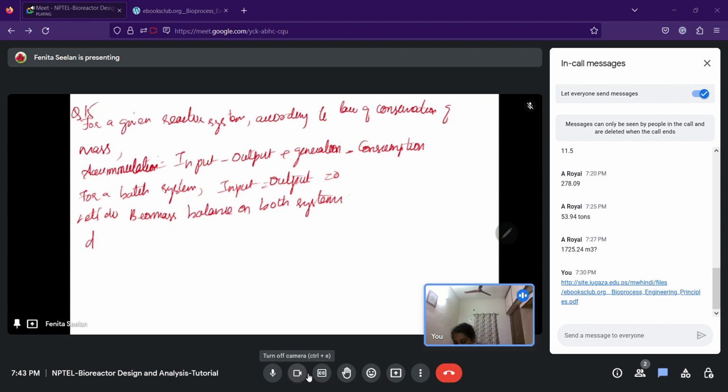d of xV divided by dt is equal to mu xV minus kd xV. Kd is included as mentioned in the question.